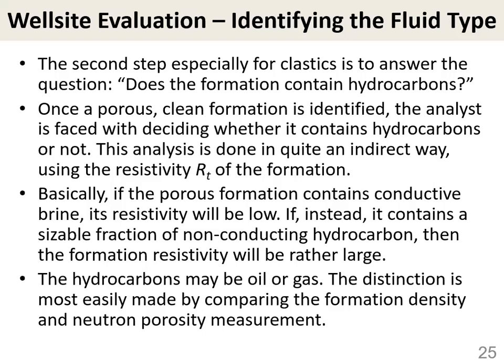Basically, if the porous formation contains conductive brine, the resistivity would be low. If it contains sizable non-conducting hydrocarbon, then the resistivity should be large. The hydrocarbons may be oil or gas. The distinction is most easily made by comparing the formation density and neutron porosity measurement.